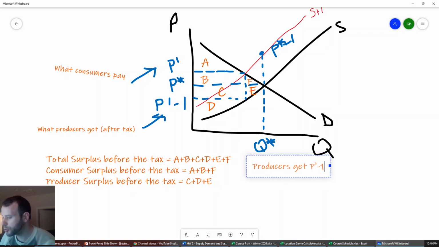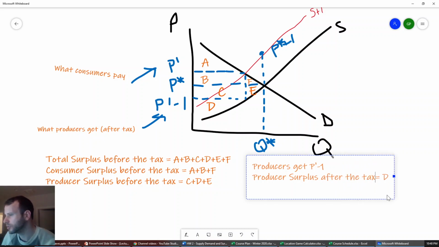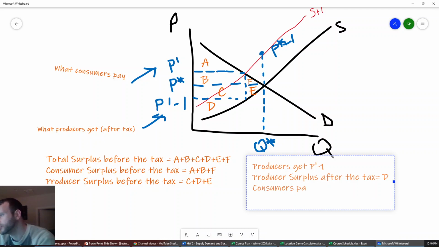Okay, so the producer surplus should only be what the producers are making per good. So that, I would say, is between P prime minus 1 and the supply curve, D. Consumers pay P prime, right?